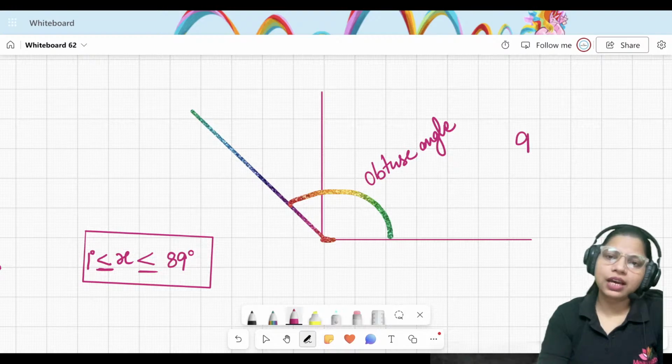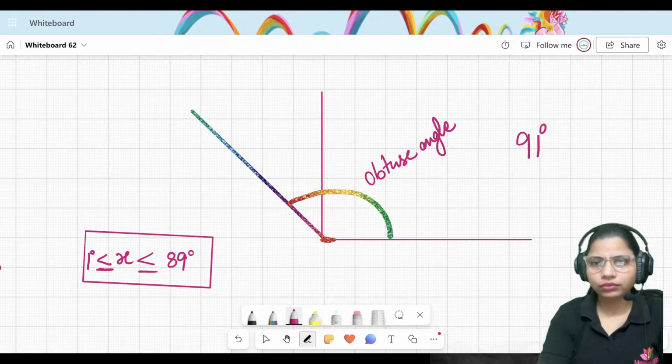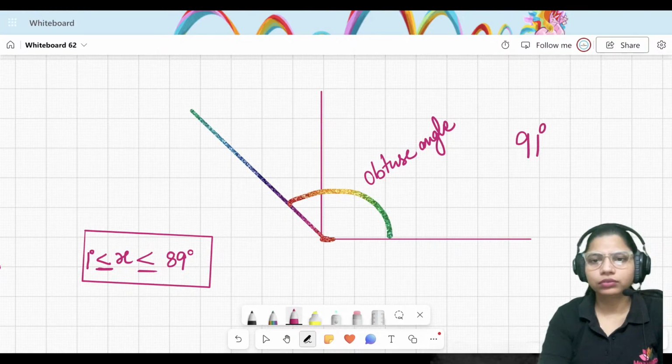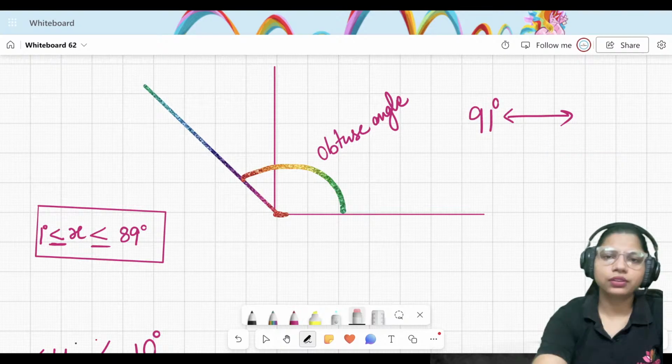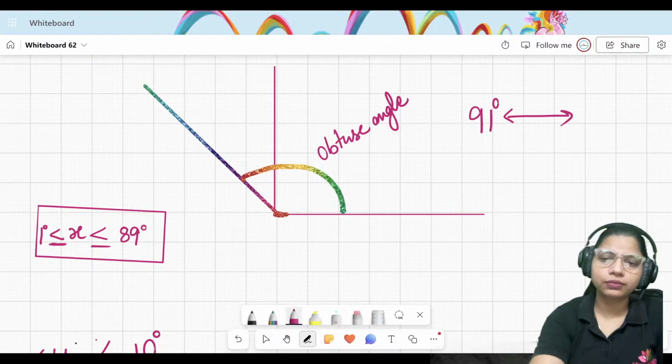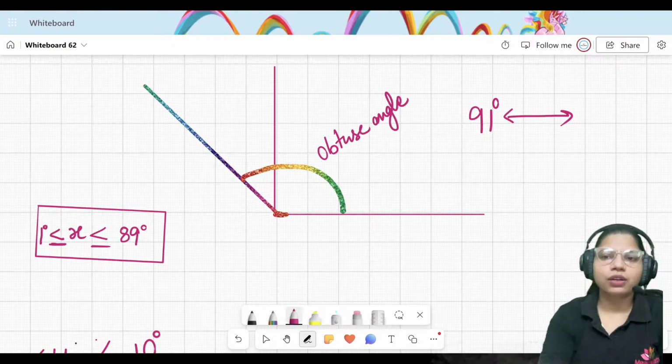So it will start from 91 degrees. 91 is the smallest. And it will range from 91 degrees to सबसे बड़ा वाला कौन सा होगा? 179 degrees. Very good. 179 degrees would be the largest.